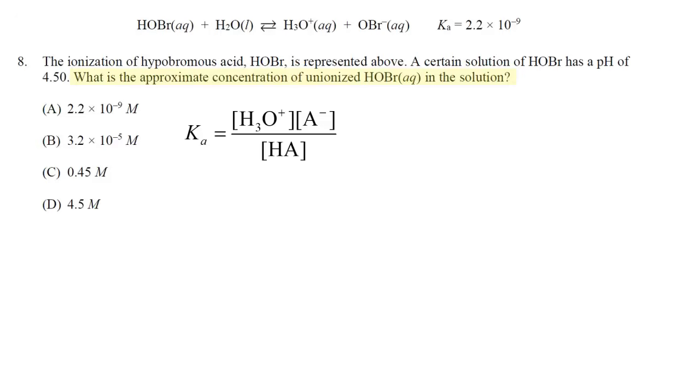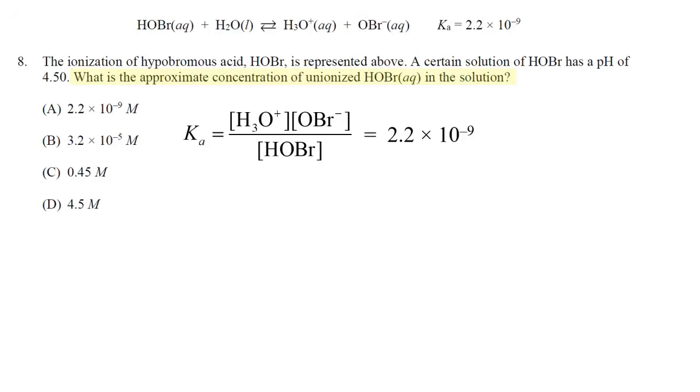Now I'm going to substitute HOBr for HA, and then OBr minus for A minus. So now this is the Ka that would correspond to this equation for question 8. And that is equal to 2.2 times 10 to the negative 9.